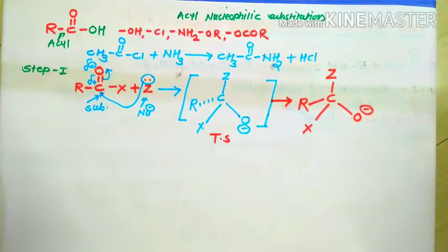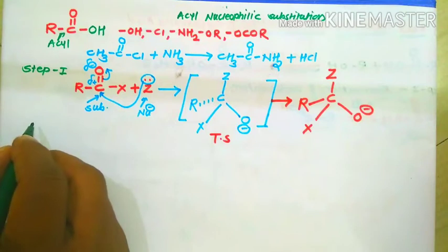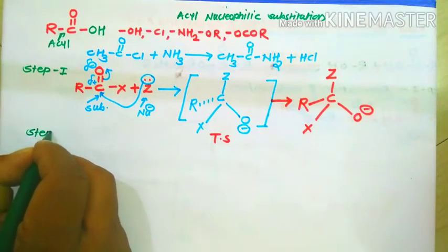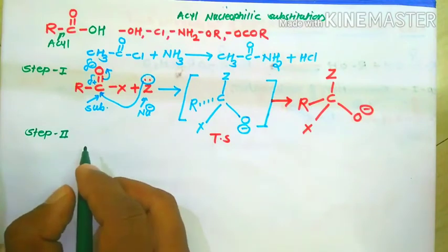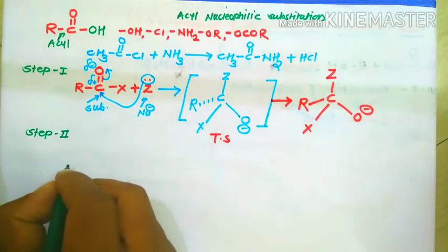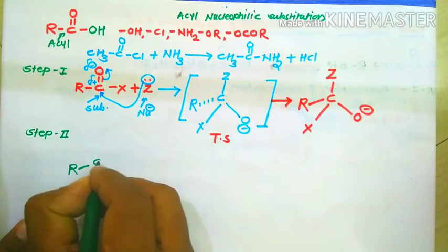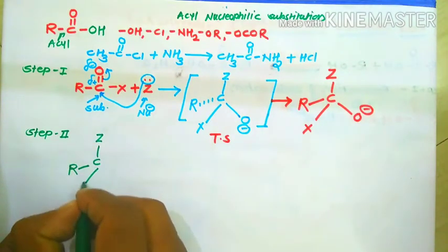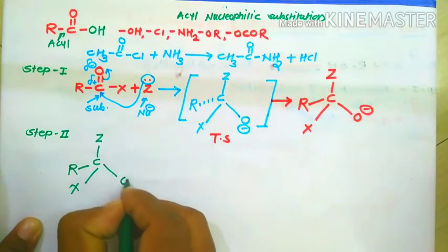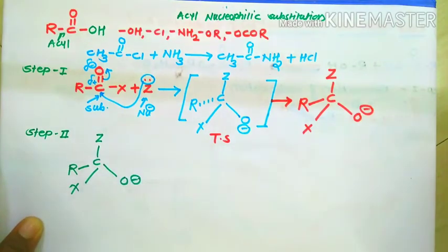In this step first, there is formation of the tetrahedral intermediate. Step second, the tetrahedral intermediate like R, C, Z, X, O minus ion.